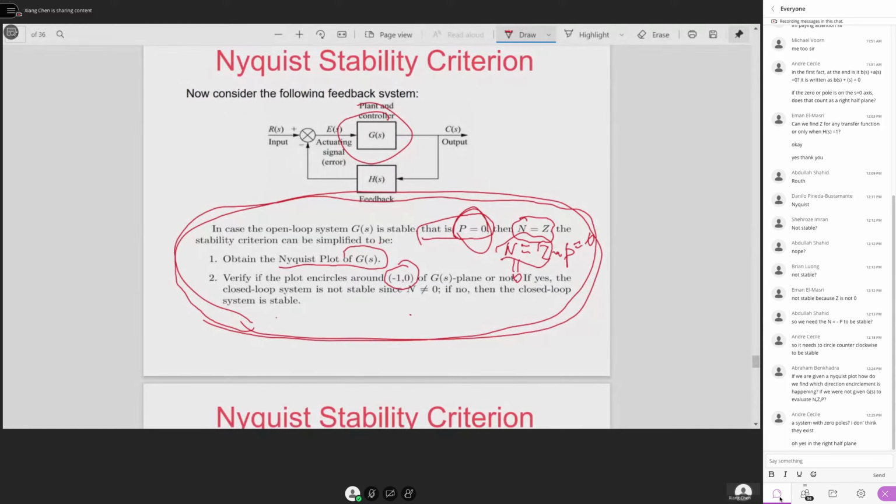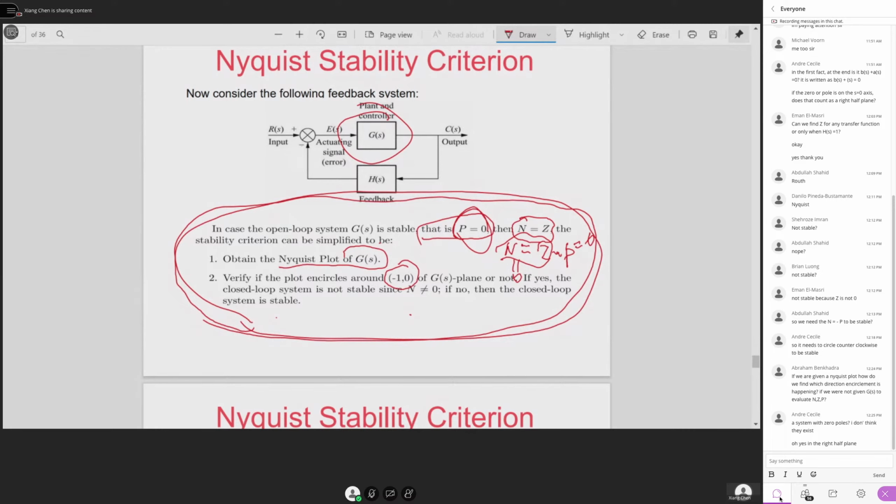But many times when you talk about the Nyquist stability criterion to other people, they always mention that I should not see any encirclement. When they say that, they imply that the open loop system is stable. When they say, oh, I don't see the encirclement around the -1, 0 point, so the closed loop system must be stable, they imply that the open loop system is stable. They just don't mention that.